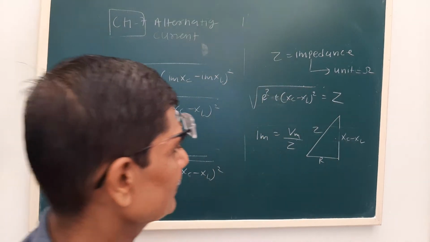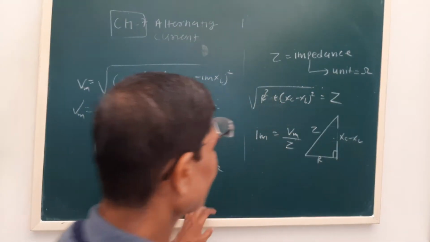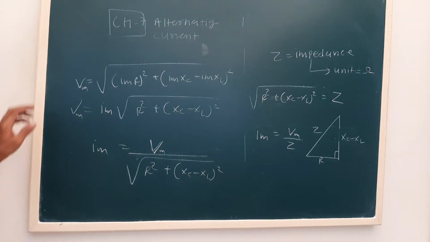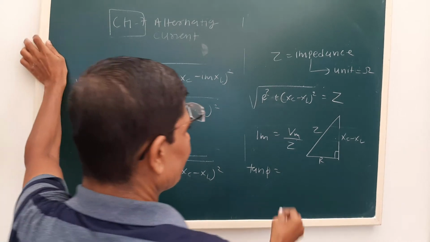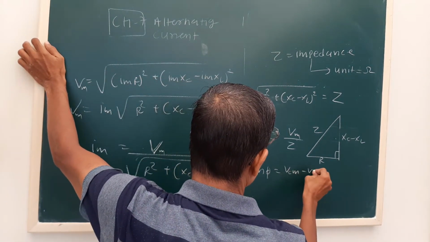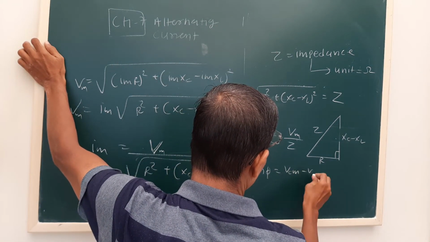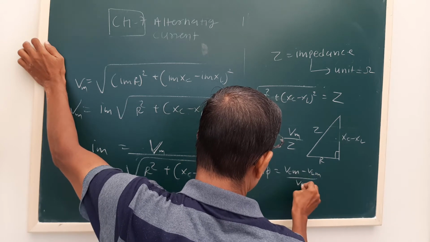Now this is again a right angle triangle. Tan phi, from the geometry of the earlier figure, is (VCM minus VLM) by VRM.